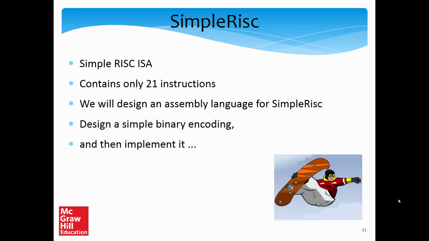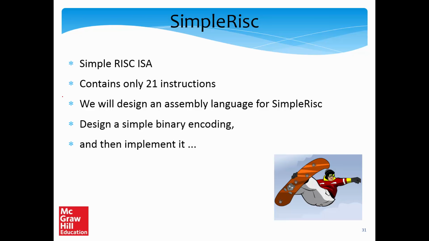So let's take a look at SimpleRisc. As the name suggests, it is a very simple assembly language, one of the easiest to learn. My thinking is that it's better to learn a very simple assembly language and get an idea first before moving on to real world assembly languages such as ARM and x86, because they have a lot of other details which might overwhelm the reader at this point of time.